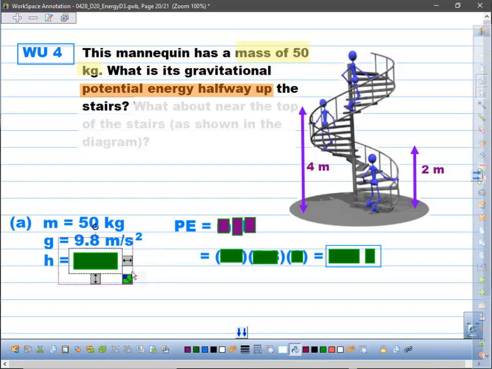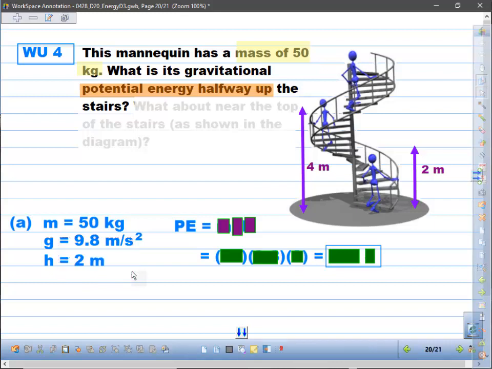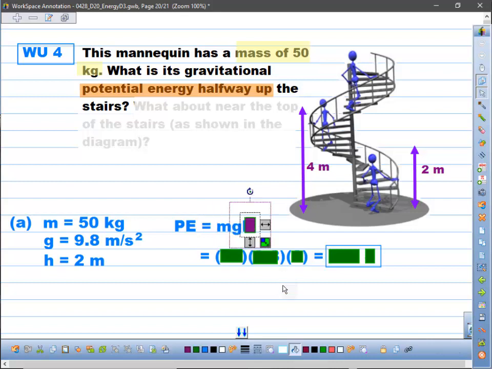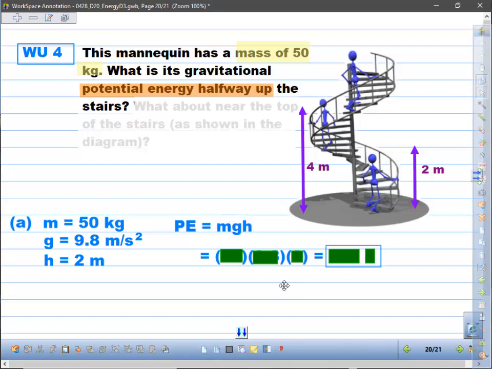What do we put in for h? The height, when the mannequin walked halfway up the stairs, it walked up 2 meters, so that's the height. Then we have our equation, potential energy is m times g times what? What letter goes there? h. So now we just plug in, use this like a recipe, and plug these numbers in. What goes here?